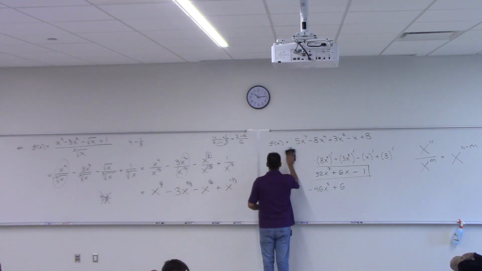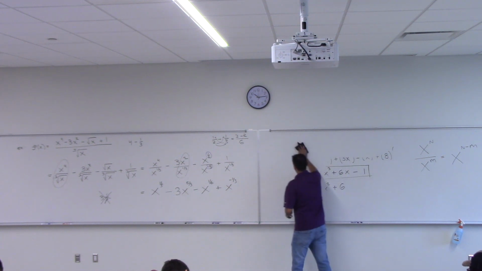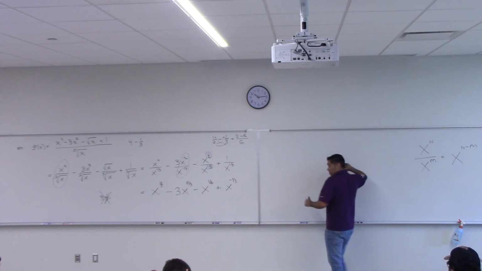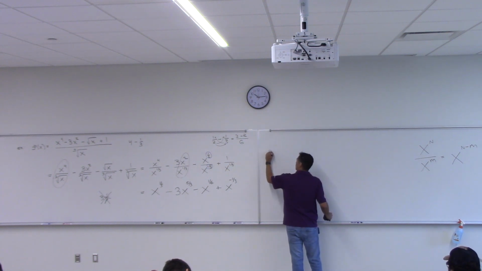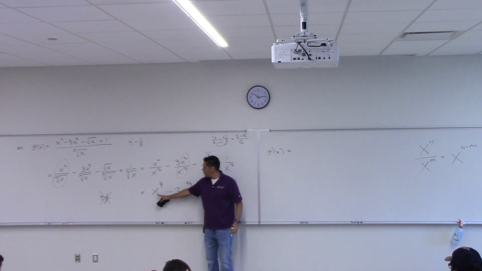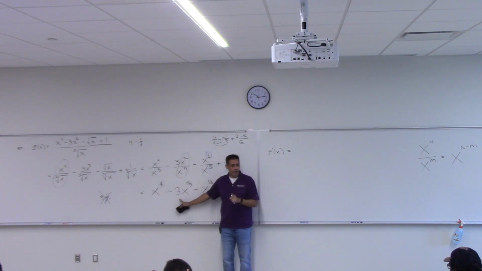So now the derivative. So the derivative of this, f prime of x, equals, all right, what about this one? Power rule, right? I can do these one by one.